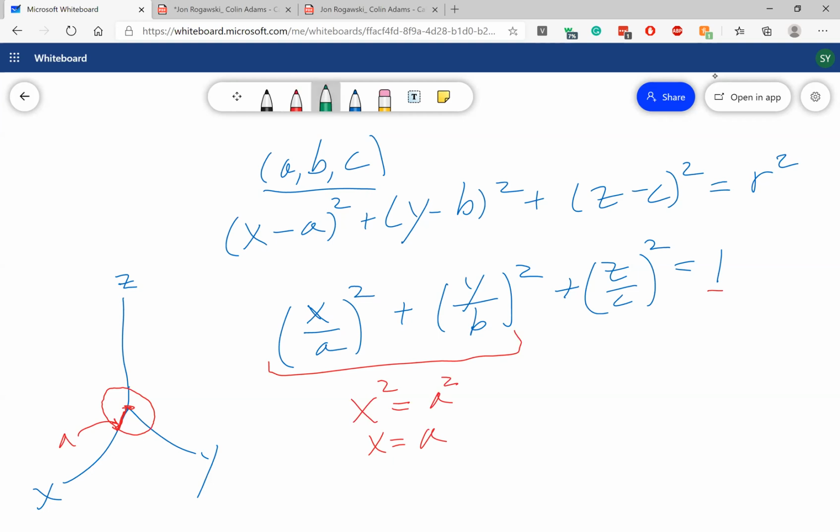And this over here would be b. Okay, that's what happens when z is equal to 0.